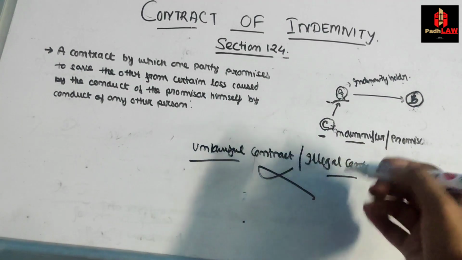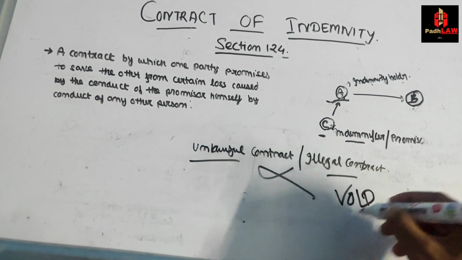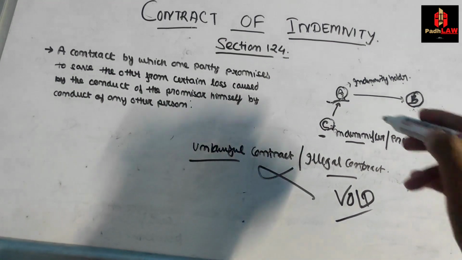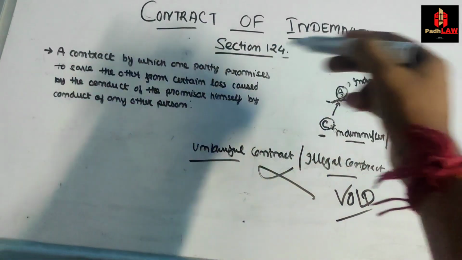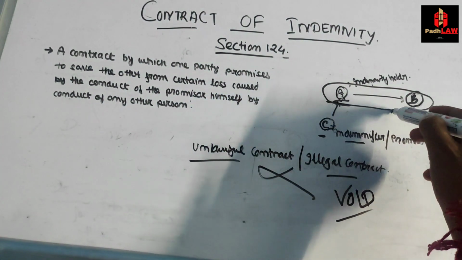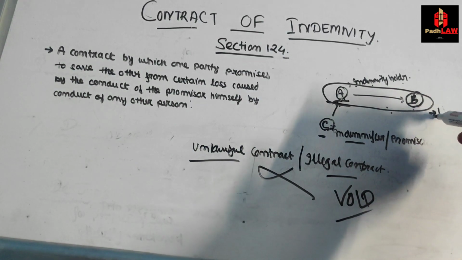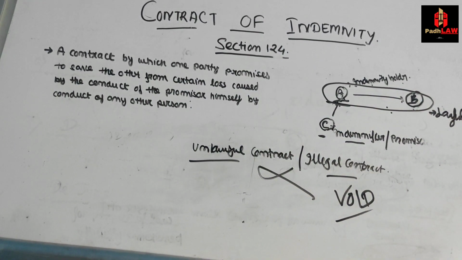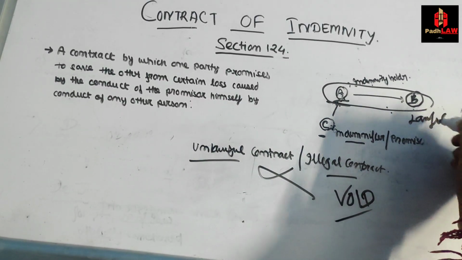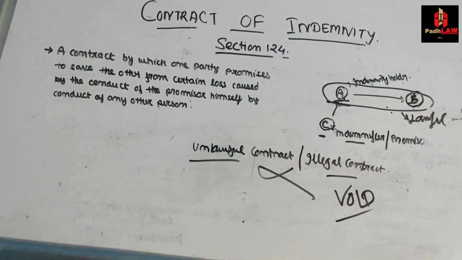So illegal contract, unlawful contract होने से क्या, it is directly void, is a void contract. So to become a contract of indemnity, this main contract should be lawful. Okay, lawful होना पड़ेगा. तभी contract of indemnity is applicable.